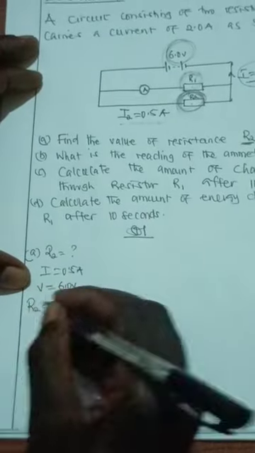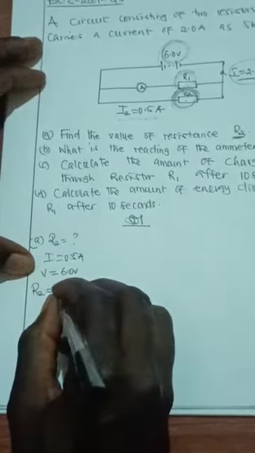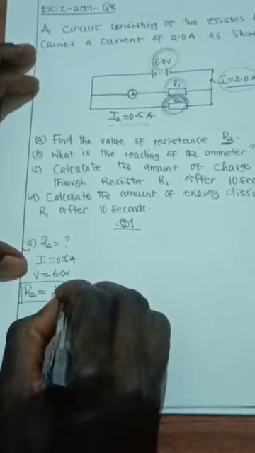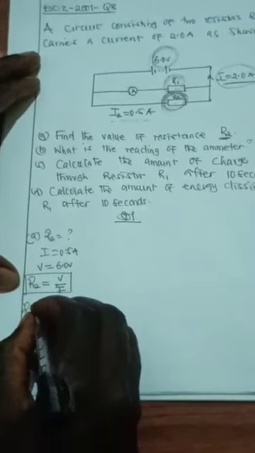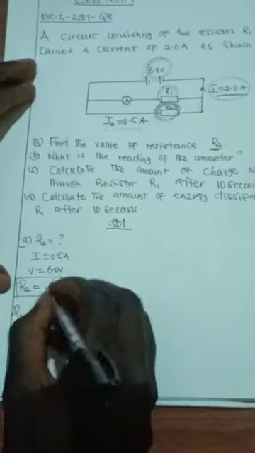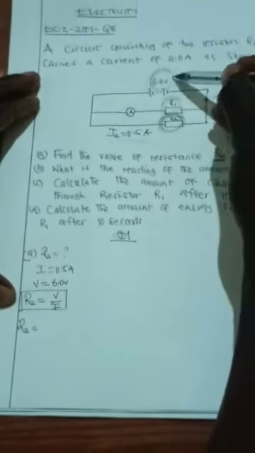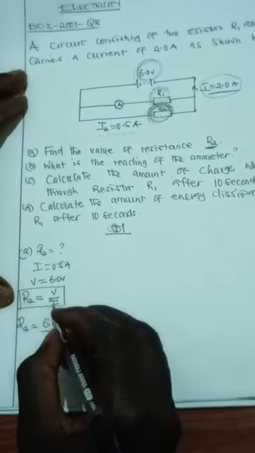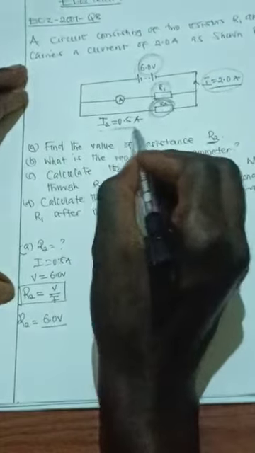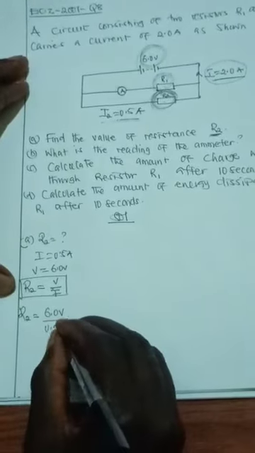So using Ohm's law equation, we can find the value of R2 by using the value of V, which is 6.0 V, and the value of the current, which is 0.5 amps.